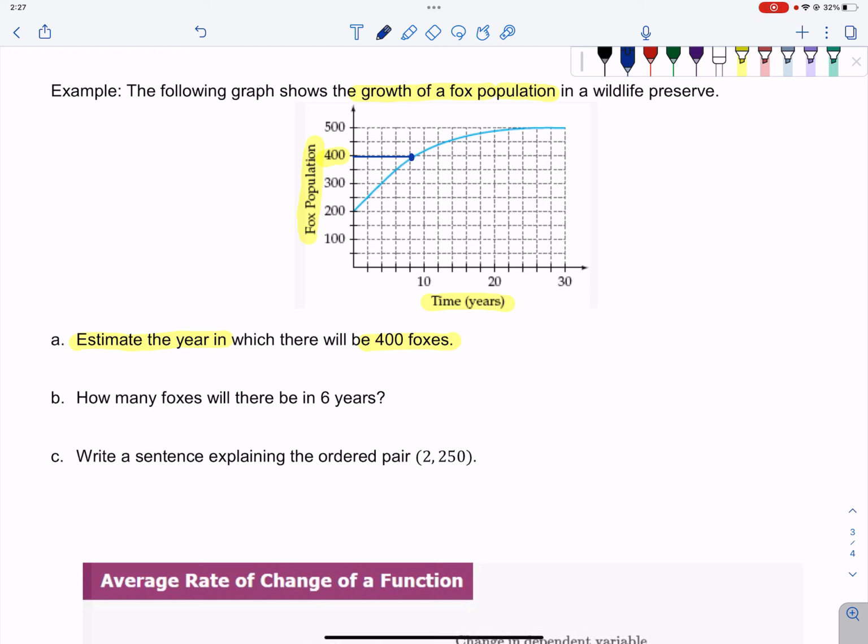I get to about this point on my curve, and now I can go down to figure out approximately what year that is. We have it at that one dash down there. If I look closely, it looks like my dashes have to be going up by 2s in order to get to 10. So that being at the fourth dash on the x-axis tells me that that would be in approximately year 8.